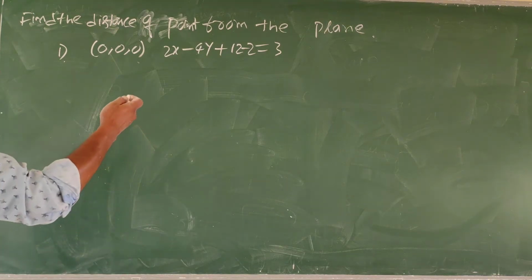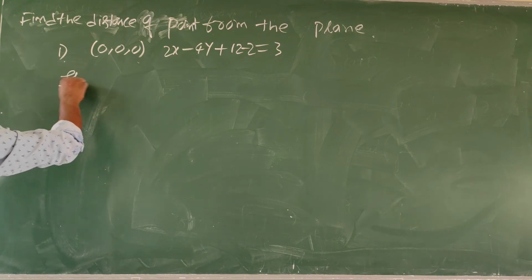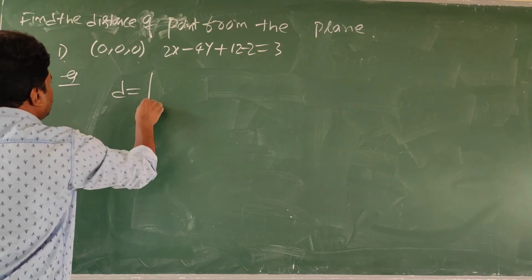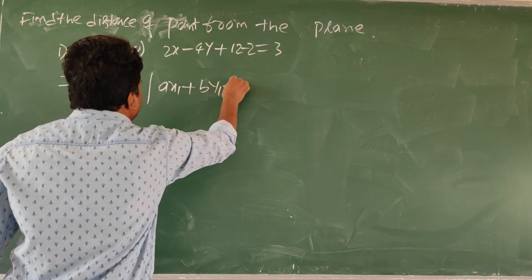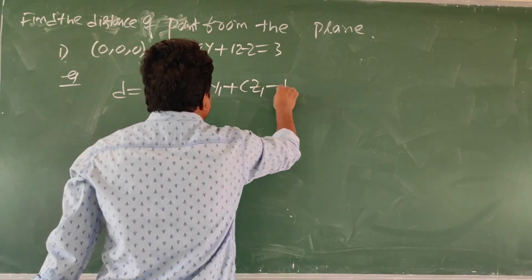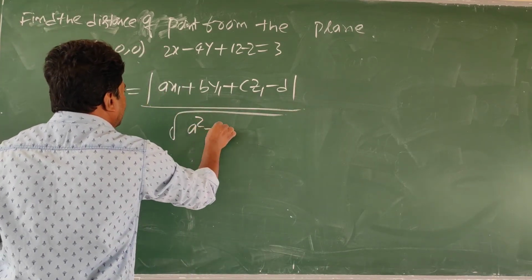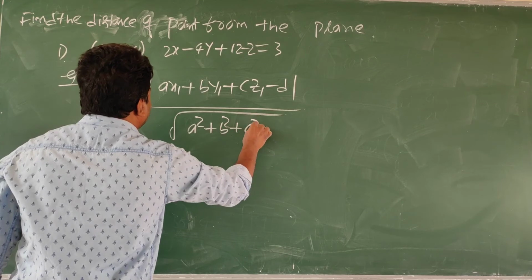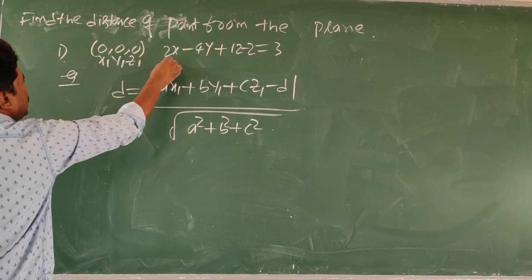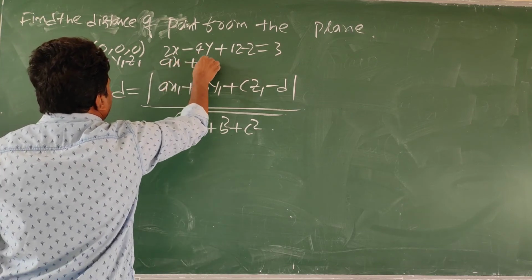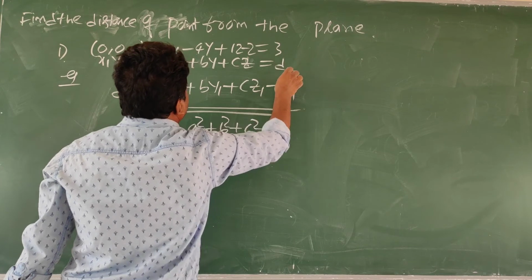Distance means you use the distance formula. Look at the distance formula. D is equal to mod of ax1 plus by1 plus cz1 minus d by root of a square plus b square plus c square, where x1 y1 z1 is the point and the plane is ax plus by plus cz is equal to d.